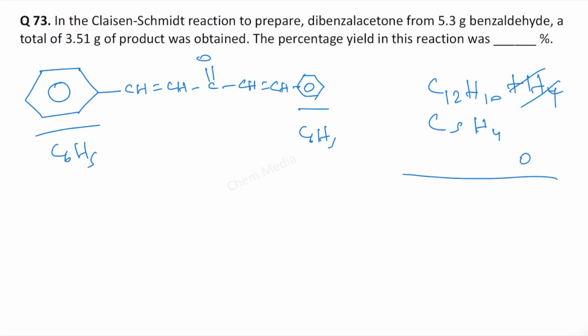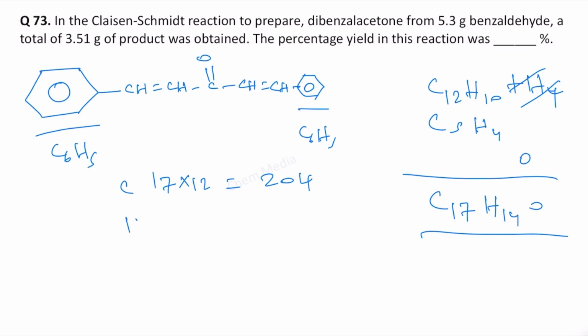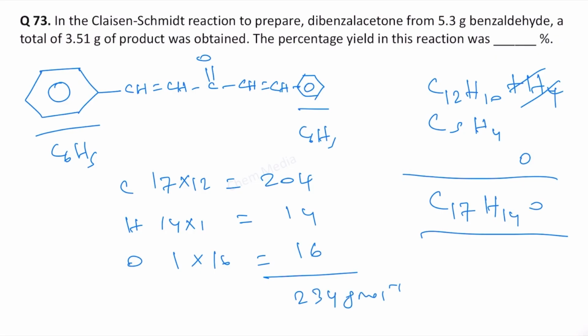So together it would be C17H14O. That means 17 times 12 would be equal to 204, and then 14 times 1, and then 1 times 16. So therefore this will be 234 gram per mole.